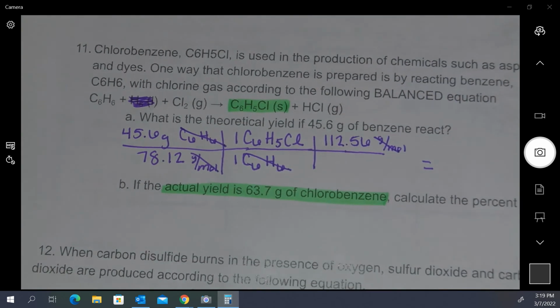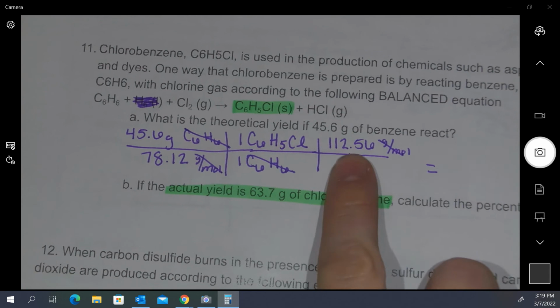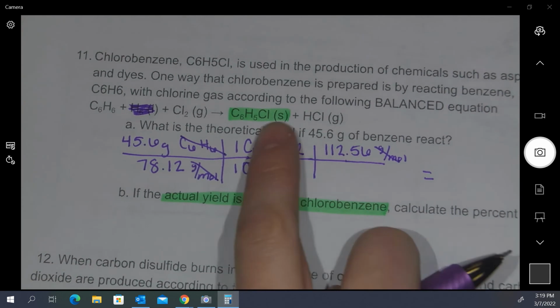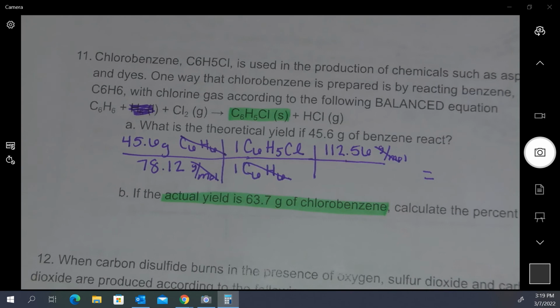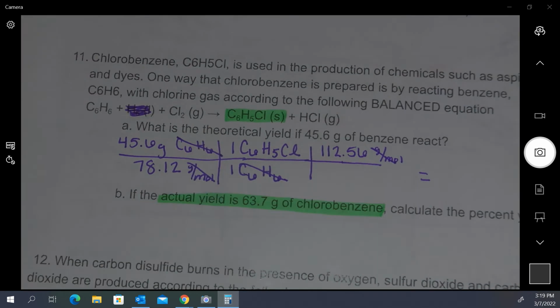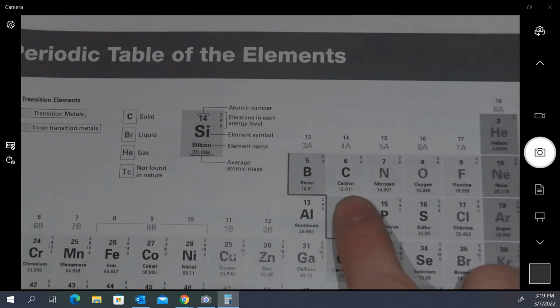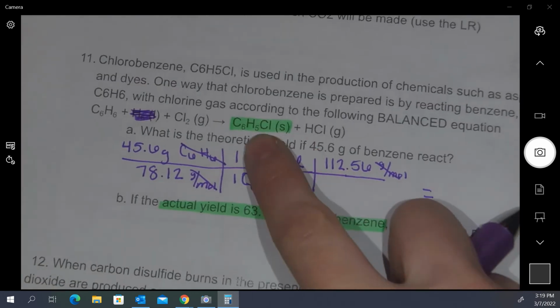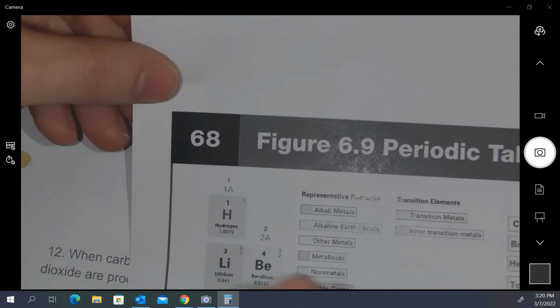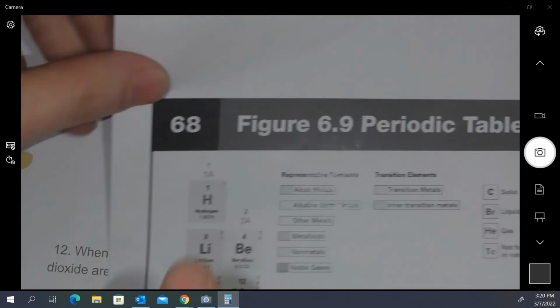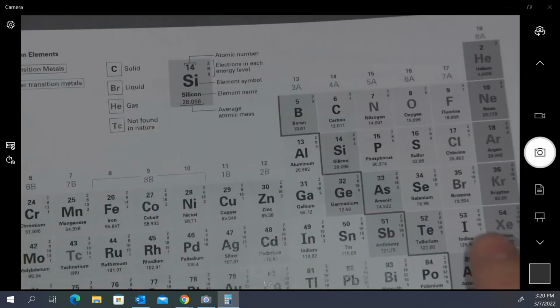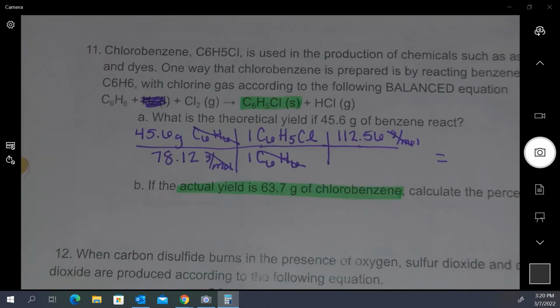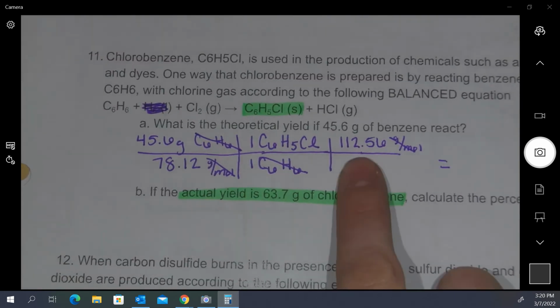I calculated the molar mass of this. So 6 times the molar mass of carbon. Carbon is 12.01. So 6 times that, plus 5 times hydrogen, which is 1.01, plus Cl, which is 35.45. Okay. And that gave you 112.56.